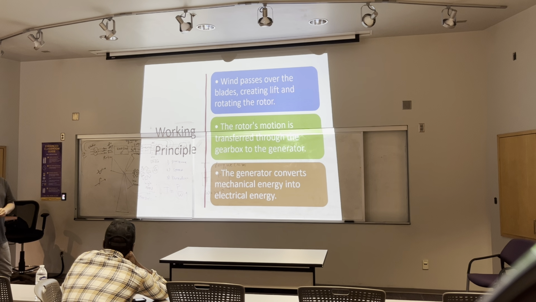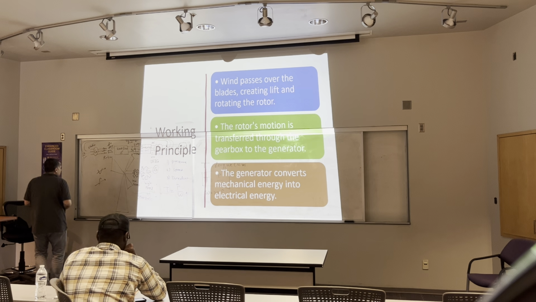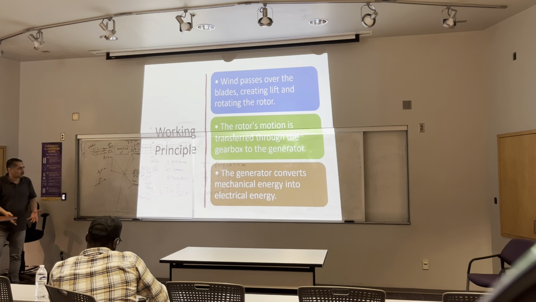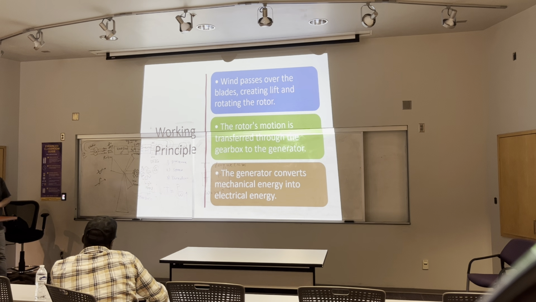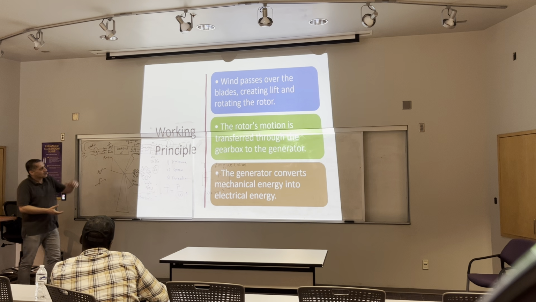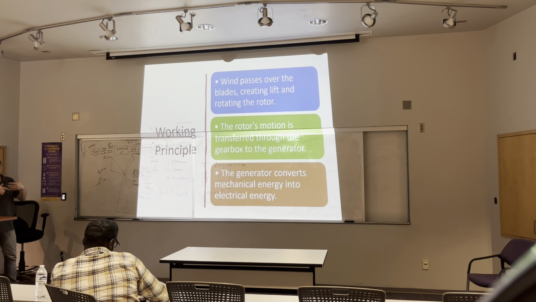Any question? This is the idea of the wind turbine. Okay, the rotor motion is transferred through the gearbox to the generator, and the generator converts the mechanical energy produced by the wind to electrical energy.